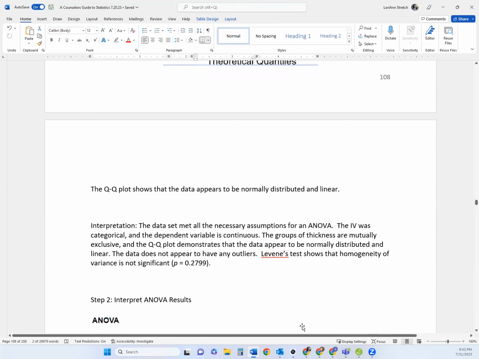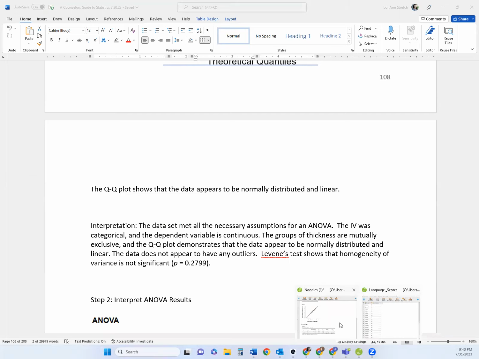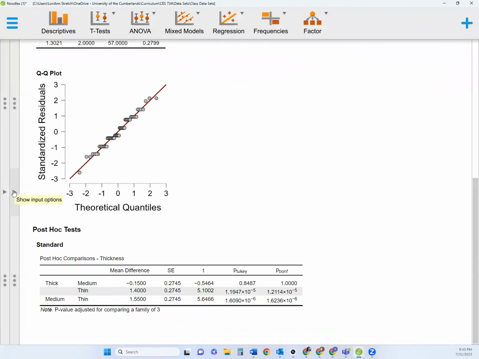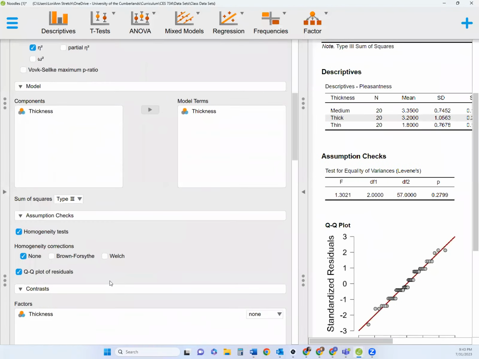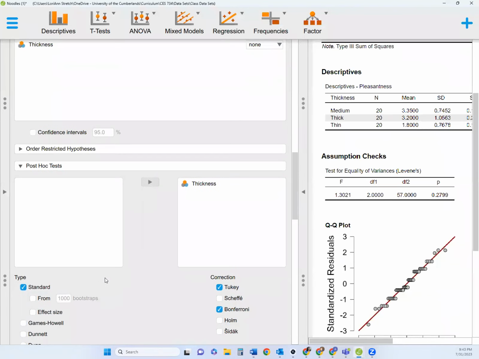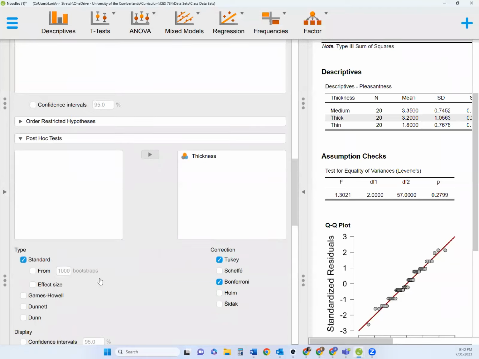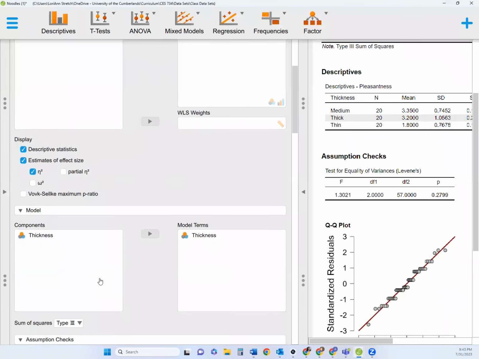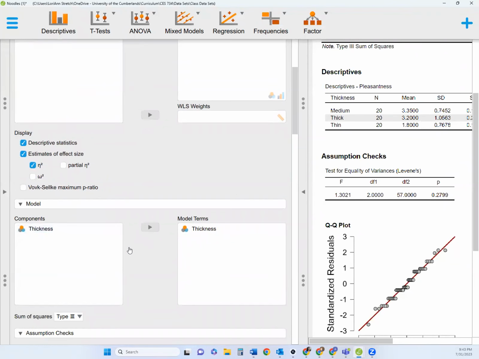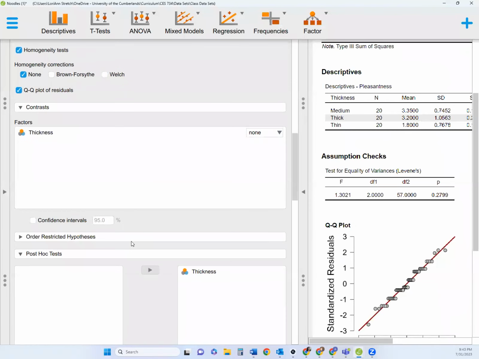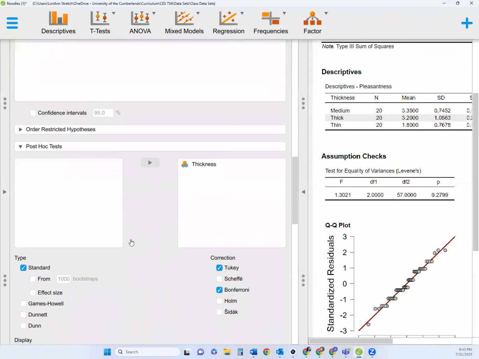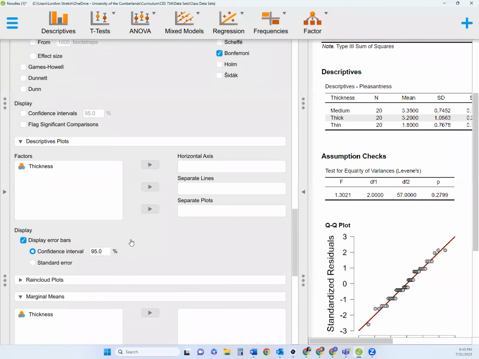Okay. Did I do, let's see. I can also do, I have to use descriptives. Just trying to see if there was a way to do box plots from this one.